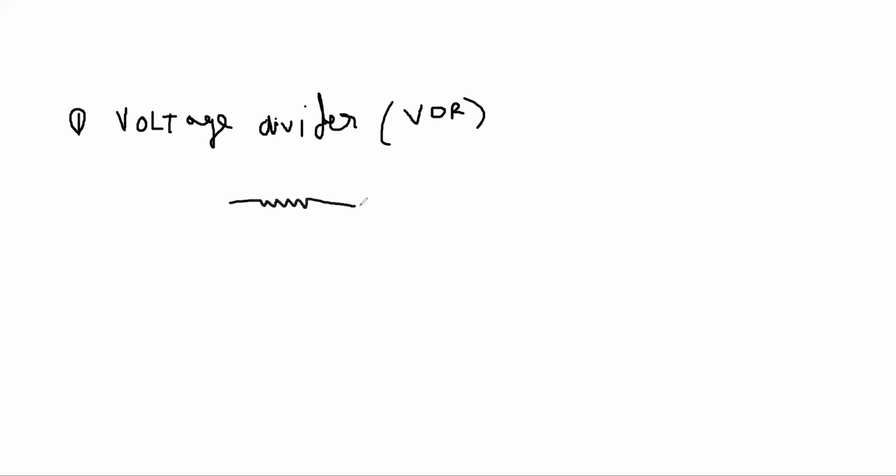Suppose I have this resistor R1 and this resistor R2, both in series, and a voltage source V, let us suppose a DC source; I am not giving the polarity. So this is resistor R1, this is resistor R2, and both resistors are in series.